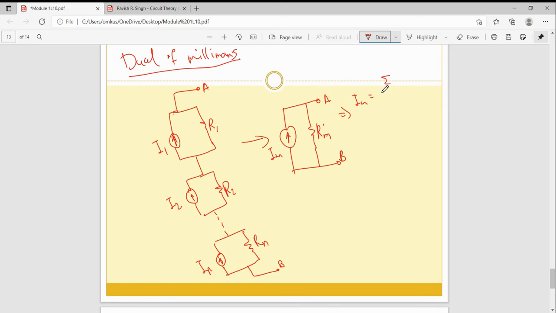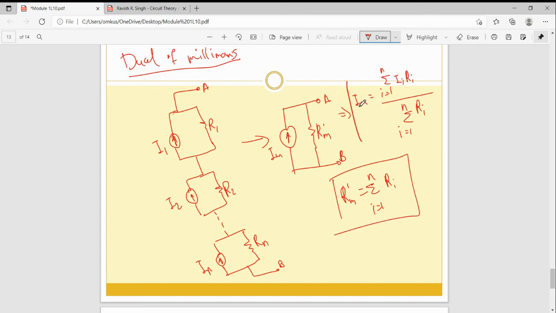The value of Im is equal to the summation for i equal to 1 to n of Ii into Ri, divided by the summation for i equal to 1 to n of Ri. This is the value of Im, and the value of Rm dash is equal to the summation for i equal to 1 to n of Ri.